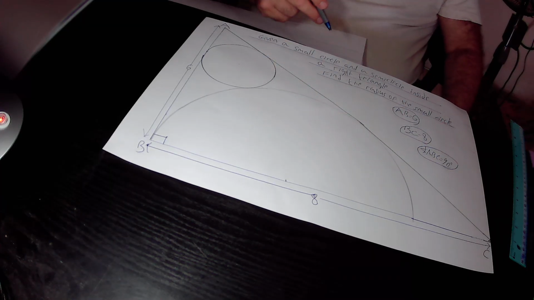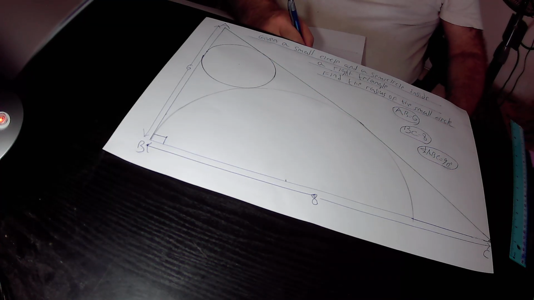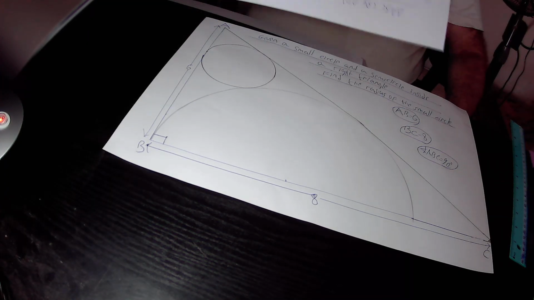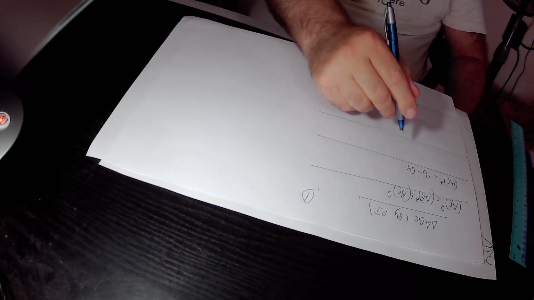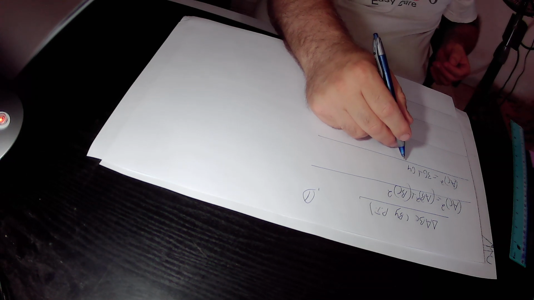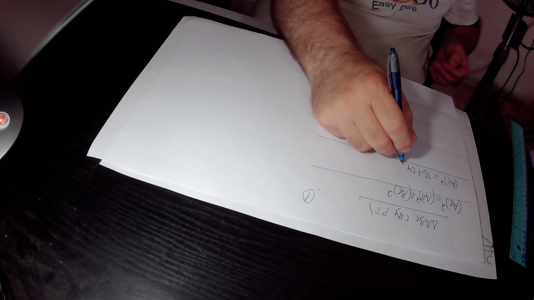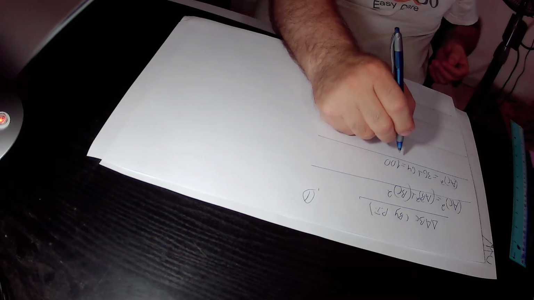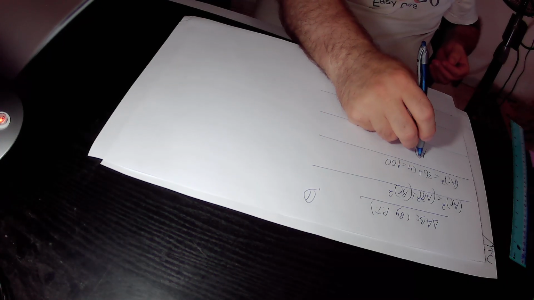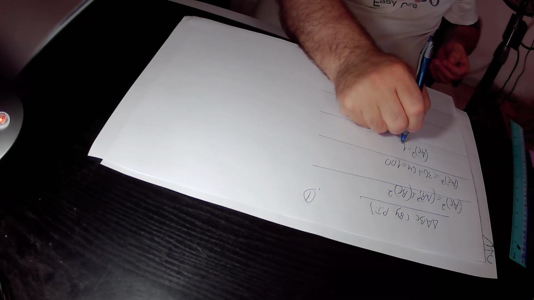BC is 8, therefore BC square is 8 squared, that is 64. So AC square equals 36 plus 64. 36 plus 64 is 100. So we found that AC square equals 100.